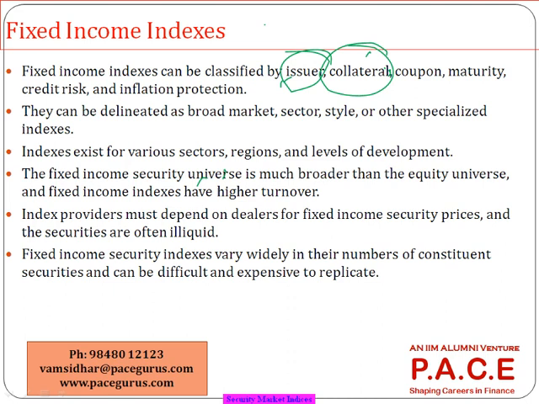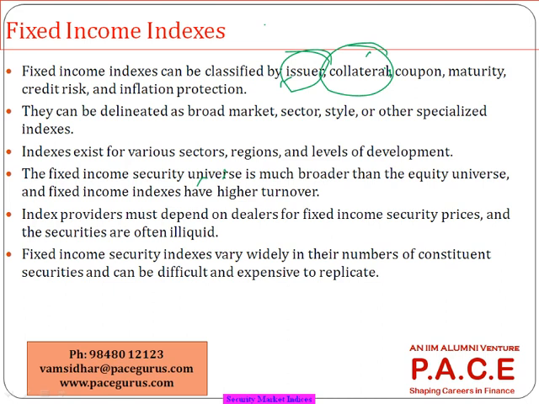Let's say there are 200 government bonds that are traded in the market. So we can say government bond index. They are all issued by government only. So based on the issuer, I can create an index. Based on collaterals, secured bond index versus unsecured bond index, or coupons, zero coupon bond index, 10% coupon bond index, maturities, short-term, medium-term, long-term bond index.